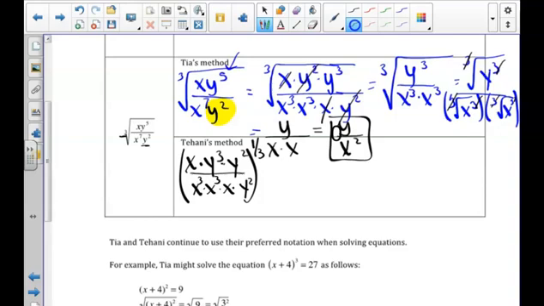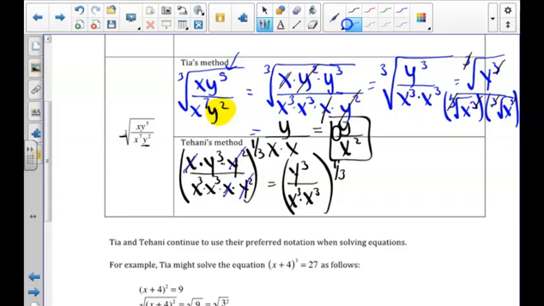Before I raise that to the 1/3 power, I am going to cancel out the terms that I can cancel out, just like we did in the previous example. So I will be left with y cubed divided by x cubed times x cubed, and that whole quantity will still be raised to the 1/3 power.